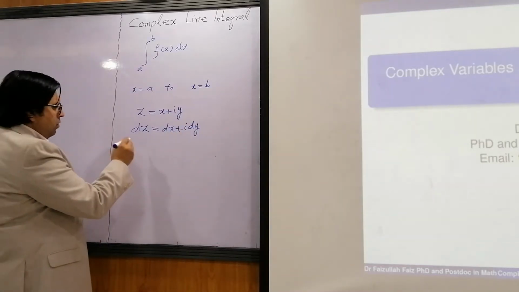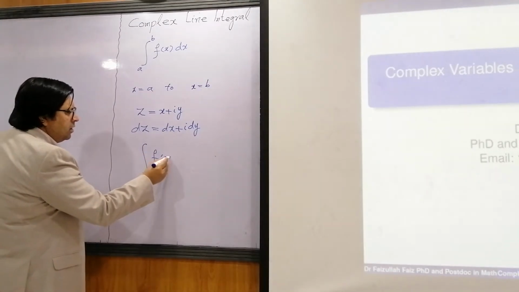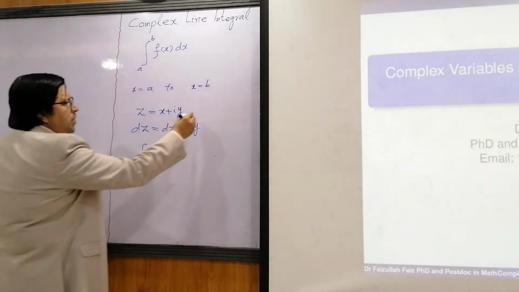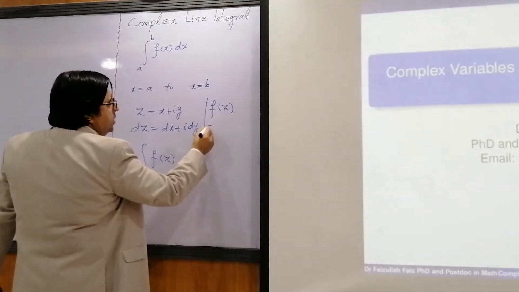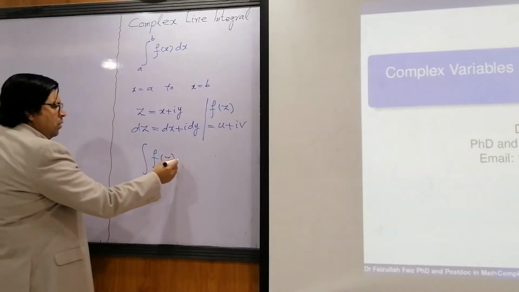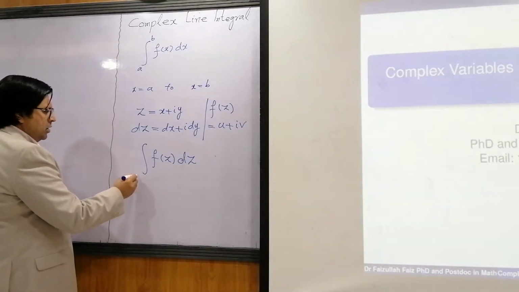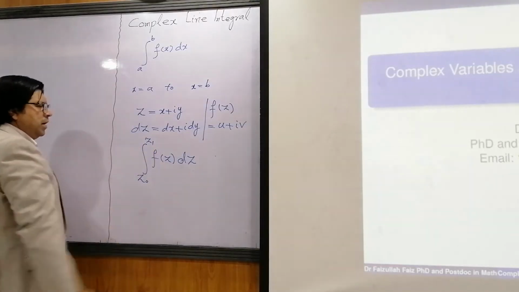Now if we have to integrate a function f of z, then f of z is again a complex function which can be written as f of z equal to u plus iota v, with respect to dz from a point z0 to another point z1.